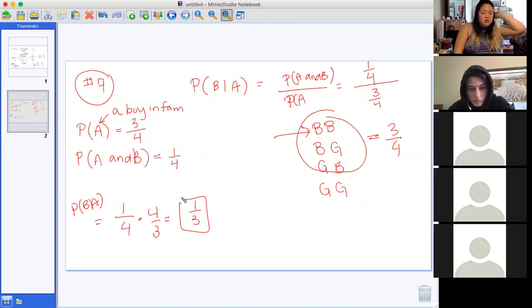So from number 6 on, you have to figure out the probability of A, and the probability of A and B, before you can figure out the final answer, right?